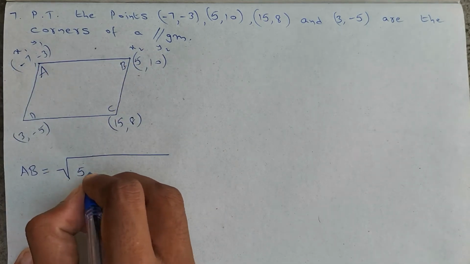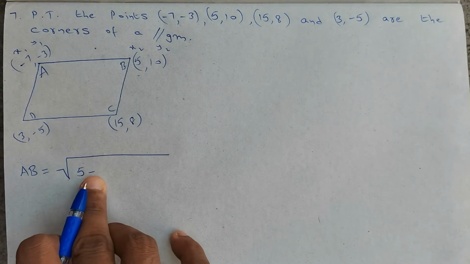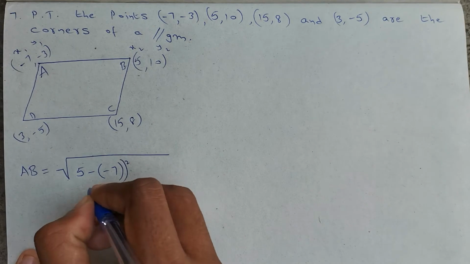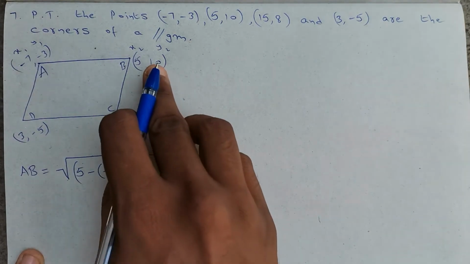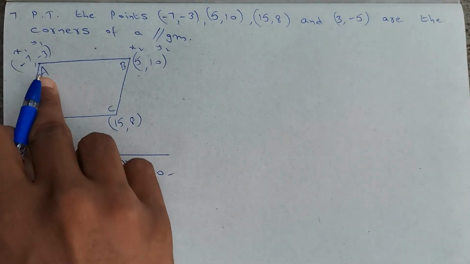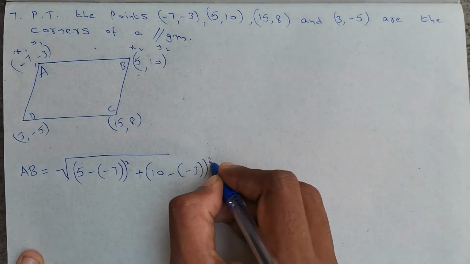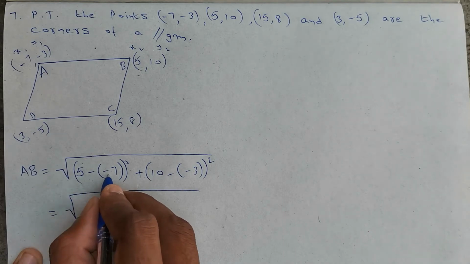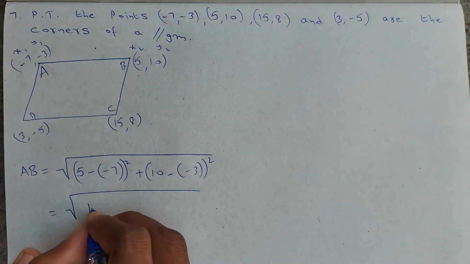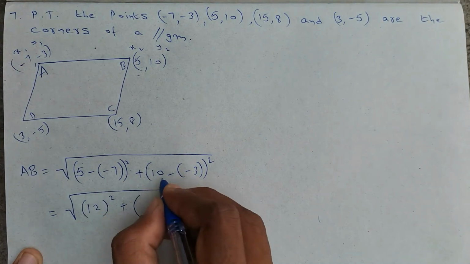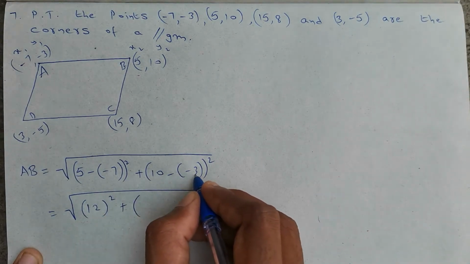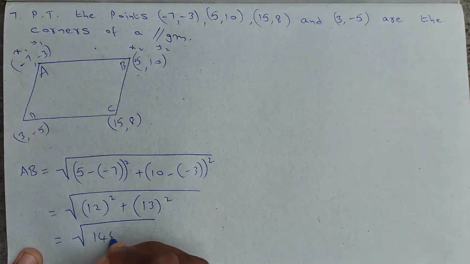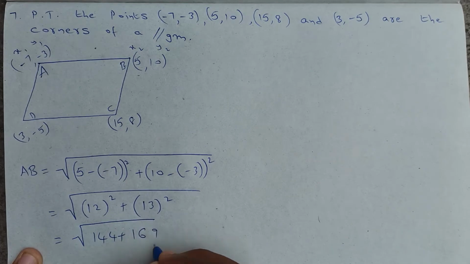So 5 minus minus 7 whole square plus y2 minus y1. y2 is 10 minus y1 is minus 3 whole square, which is equal to under root 5 plus 7, 12 square plus 10 plus 3, 13 square, which is equal to under root 12 square 144 plus 13 square is 169.